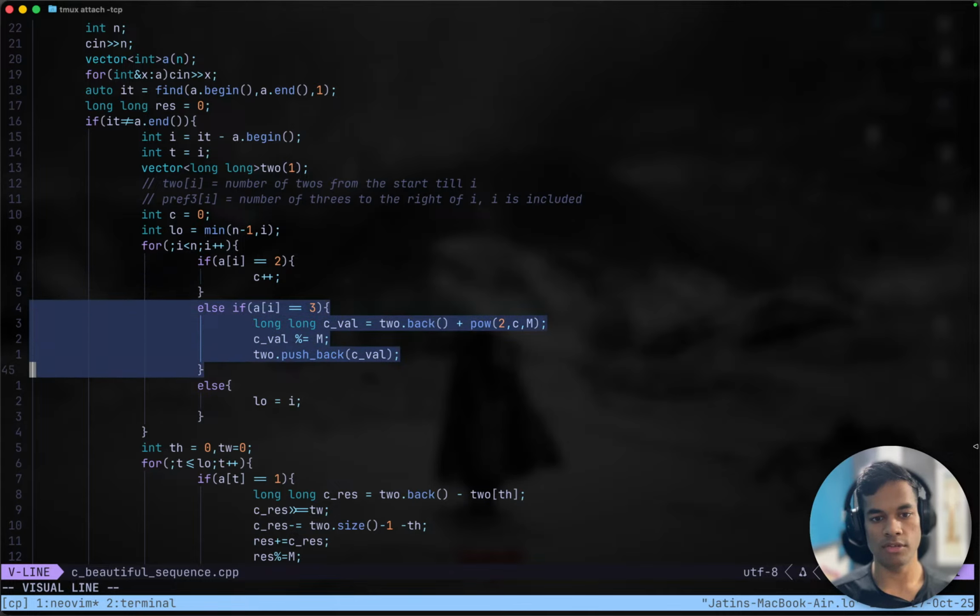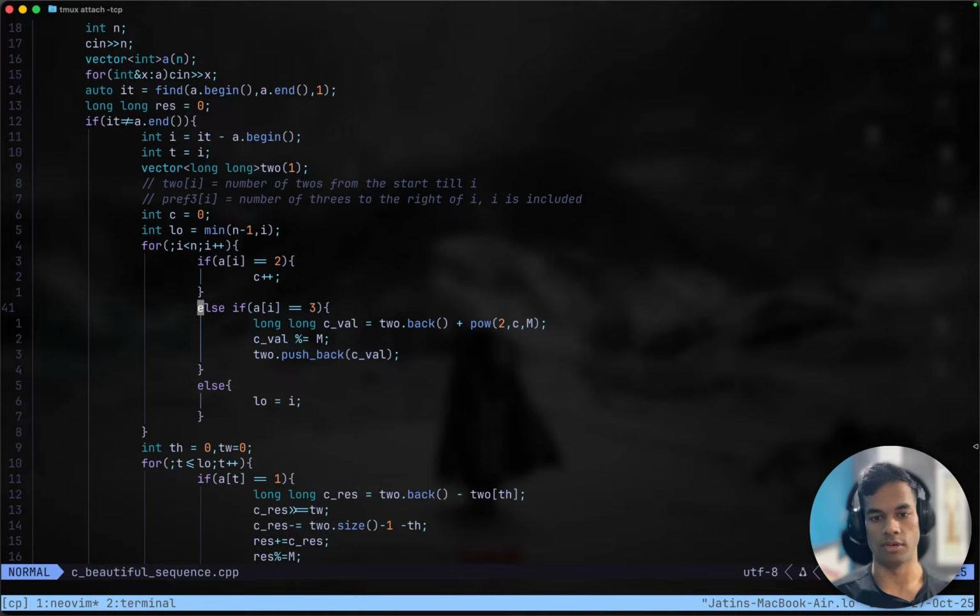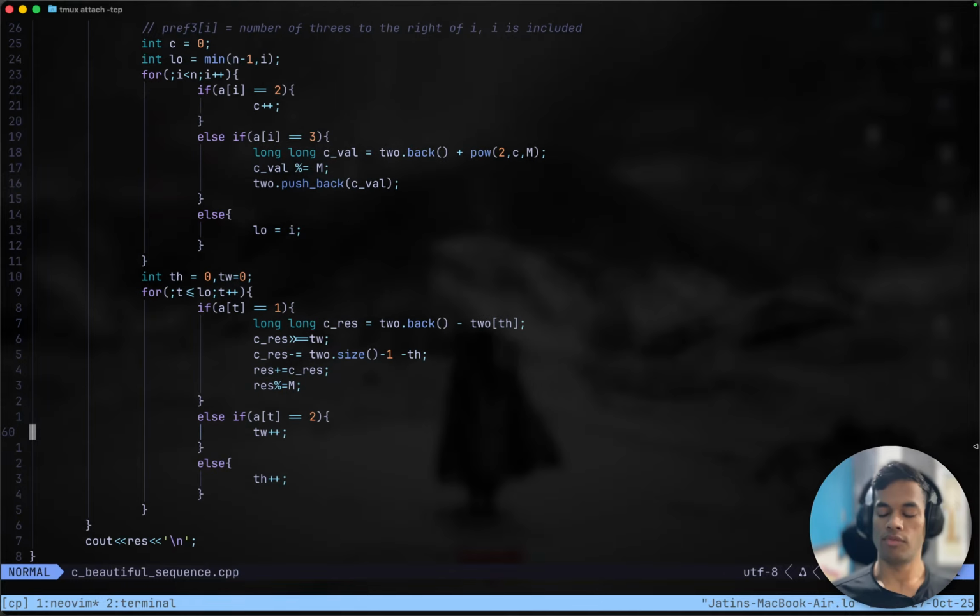And if the current number is 3, then we add a new value to our answer, take its mod by m, and we push the value back onto the vector. Okay, and then else, if the current value is a 1, then we take 1. Makes sense.